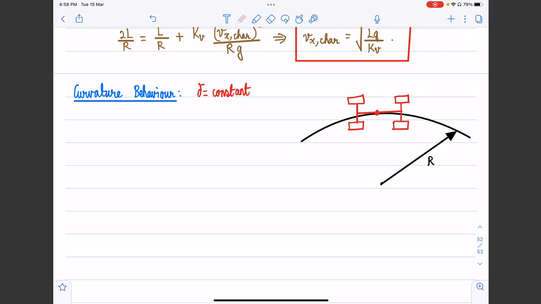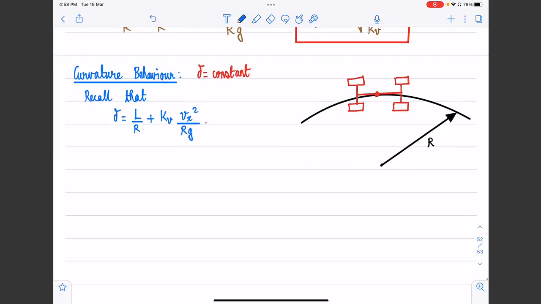Okay. So curvature, please note, is the reciprocal of radius. That's something we need to remember. So recall that the steady state behavior is given by delta equal to L divided by R plus KV Vx squared divided by Rg. Okay, so this is the standard expression we will be using again and again.